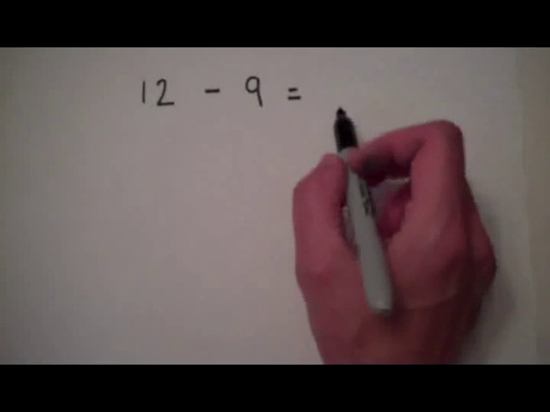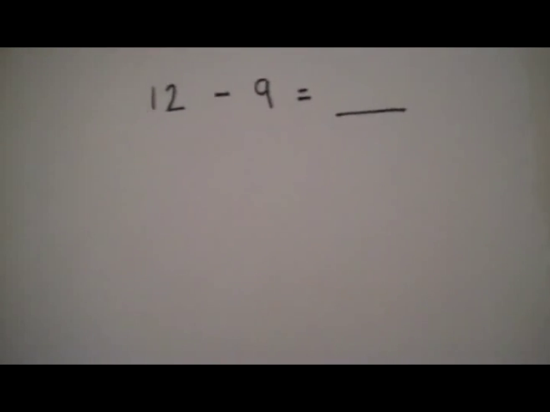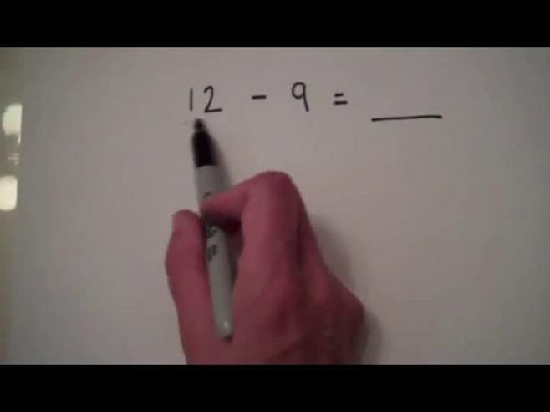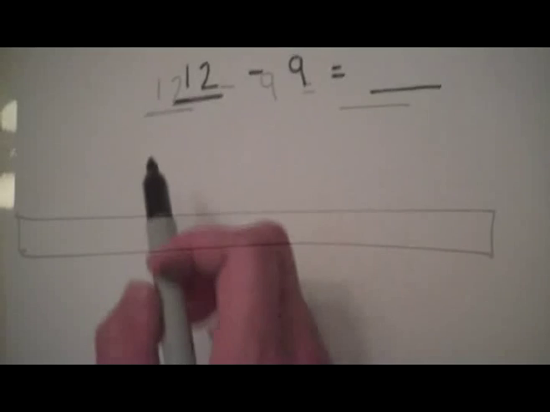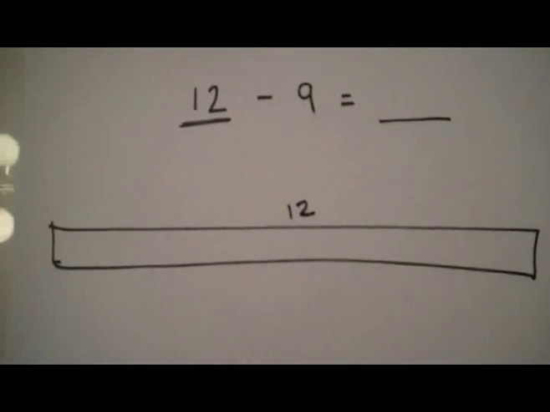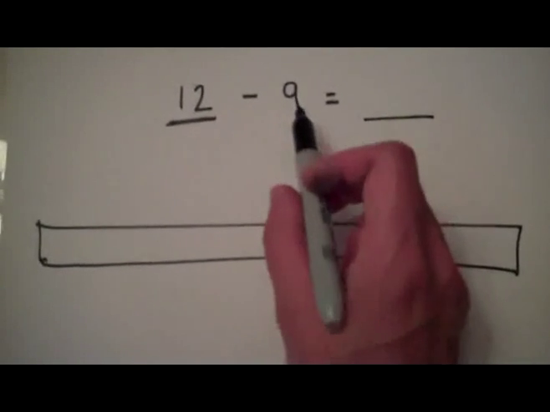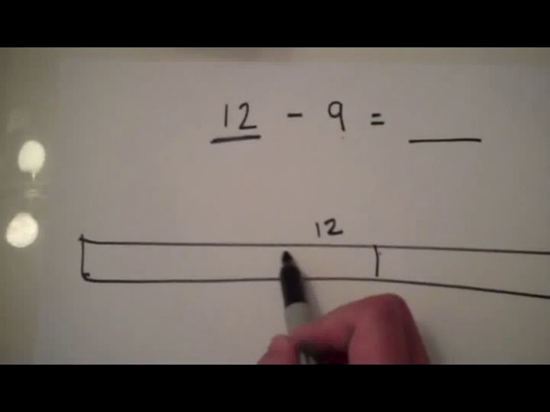Okay, so we'll look at one more. 12 minus 9. Now this is a subtraction problem. If you remember, the subtraction problem has the whole number, the whole thing, as its first part. So your whole is going to be 12. You know that one of the parts that you're taking away from it is 9.